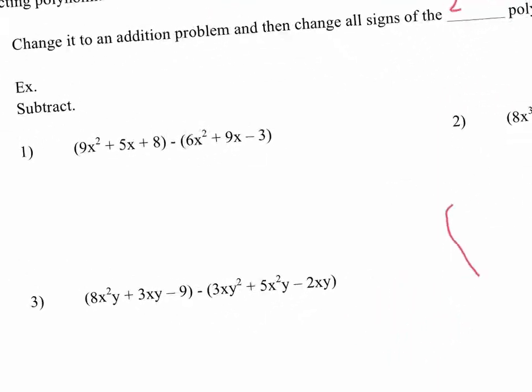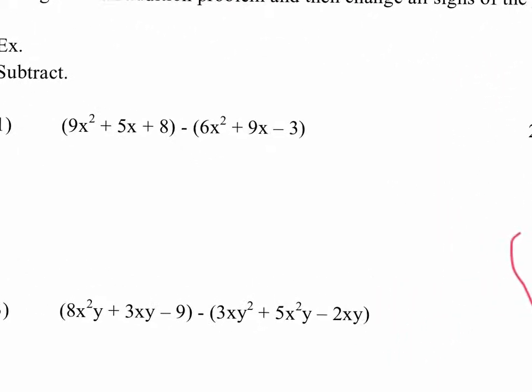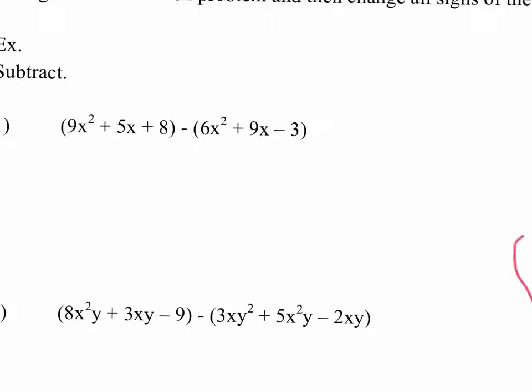So for this one here, I'm going to change this to a plus, and I'm changing the sign on the second one. Those that are positives become negatives. And now I have 9x squared plus a negative 6x squared, which is 3x squared.